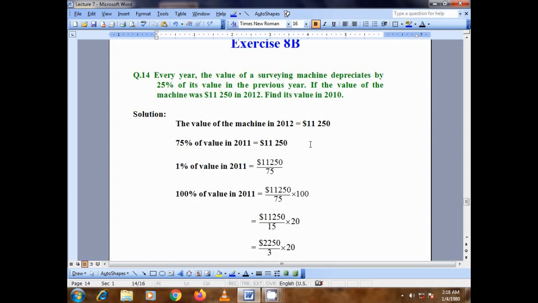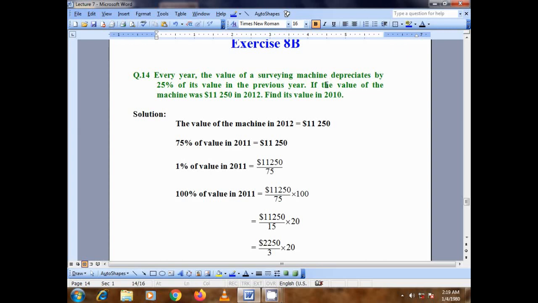It means that after the end of 2011, the value of the machine decreased by 25%. So to find the value of this machine in 2012, we will start from 75% of the value in 2011. Why are we taking 75%? Because the value of the machine depreciates, meaning decreases, 25% every year.